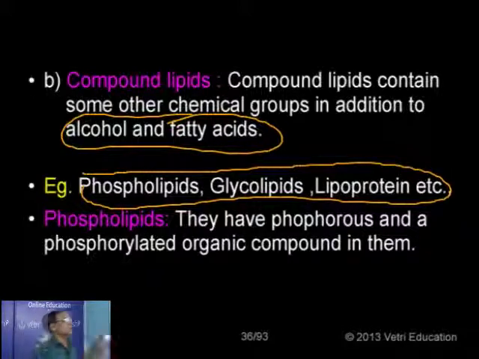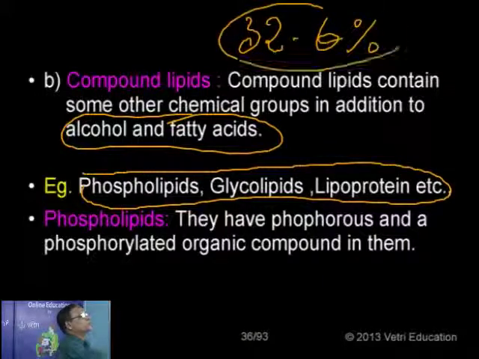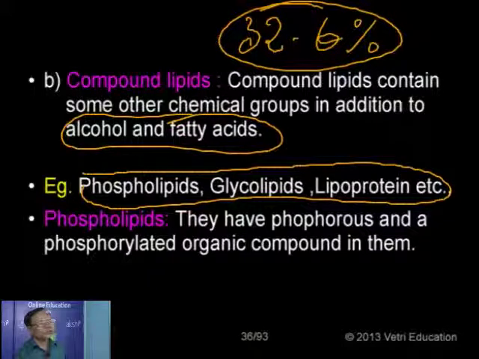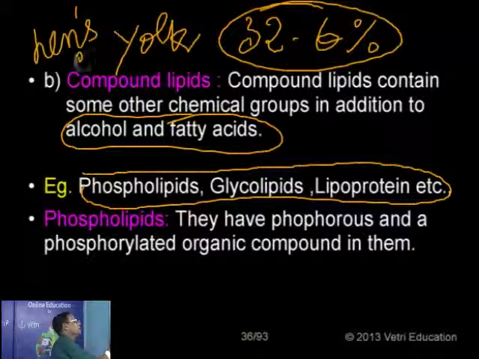Nearly 32.6% phospholipids is found in the yolk of a hen's egg. In the case of a bird's egg, it is the richest source of phospholipids.